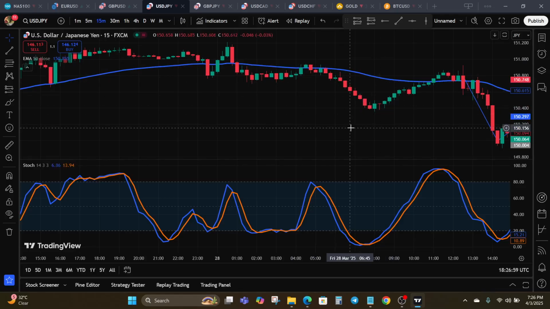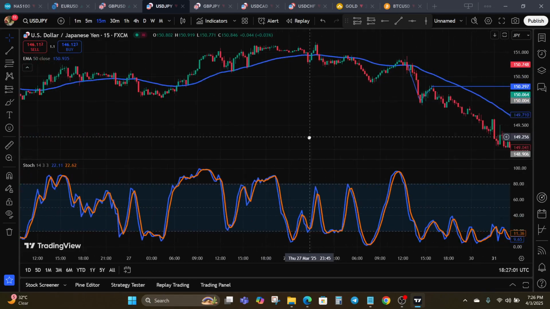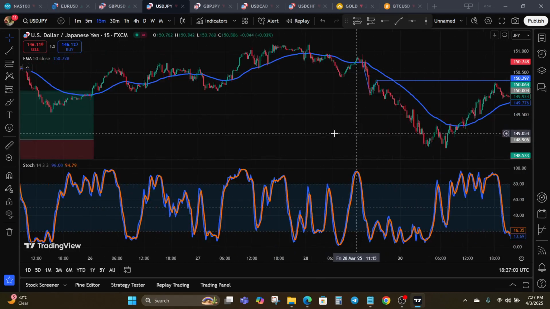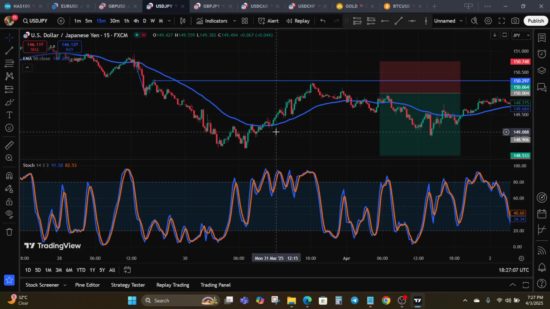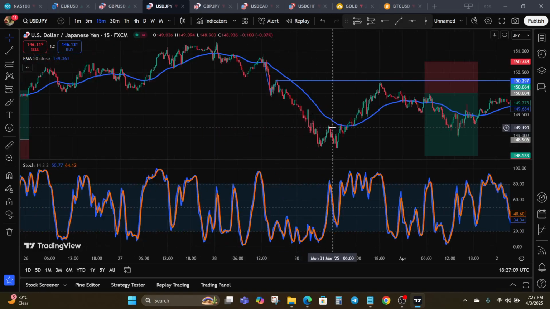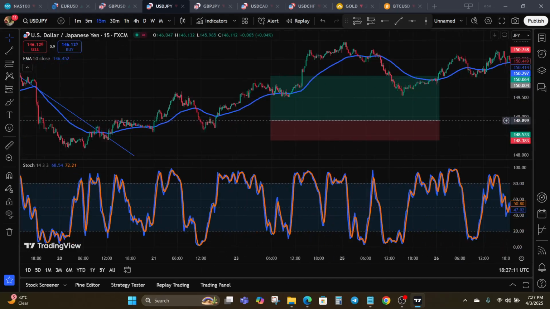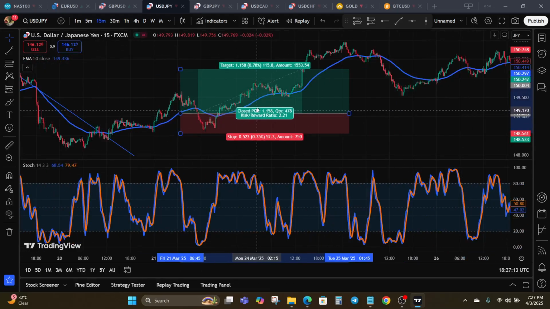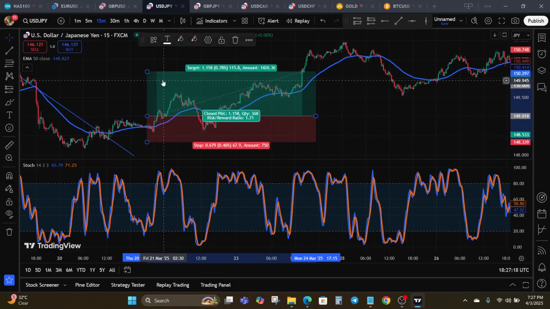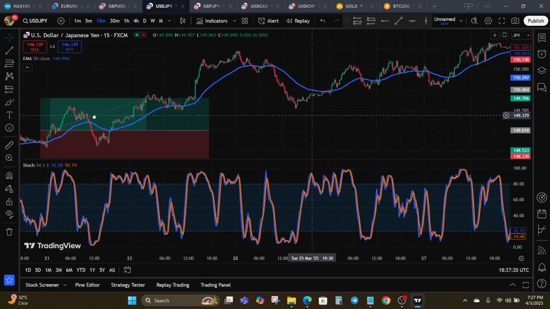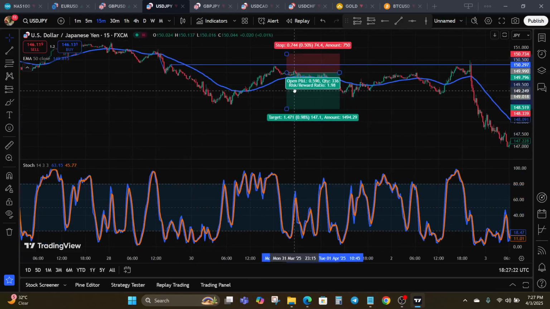It's important. Then for your stop loss and take profits, do not neglect them, because risk management is key to long-term success. If you're entering a buy trade, the stop loss should be below the recent swing low. If you're entering a sell trade, the stop loss should be above the recent swing high.